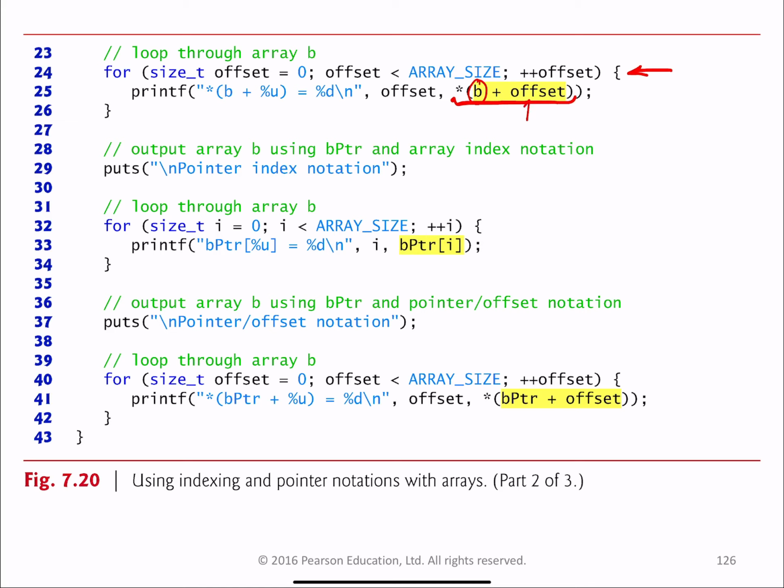And we're adding to it an offset number, which is the loop counter. And then we're using the pointer operator over here. You'll see this will produce the same result, but we're using a very different notation to access each element of the array.